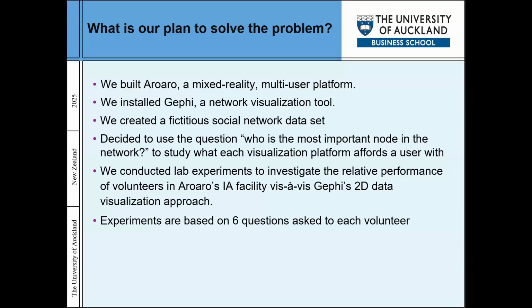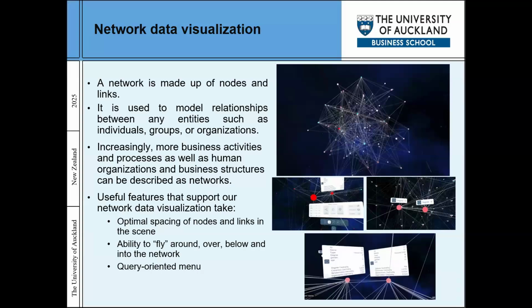We created a fictitious social network data set, and we asked the question, who is the most important node in the network? We conducted experiments, asking subjects 6 questions each in each of the two platforms. We call them platforms, visualization tools, and collected the data.